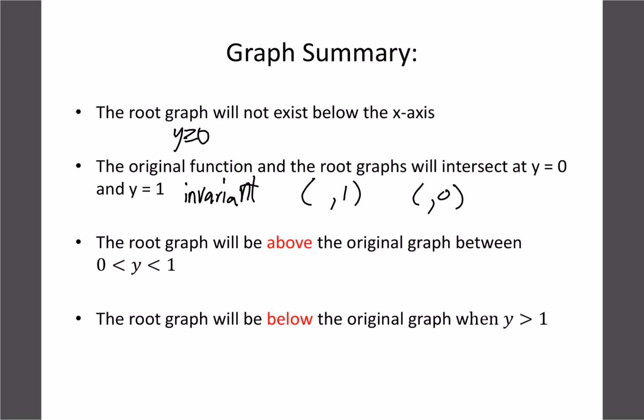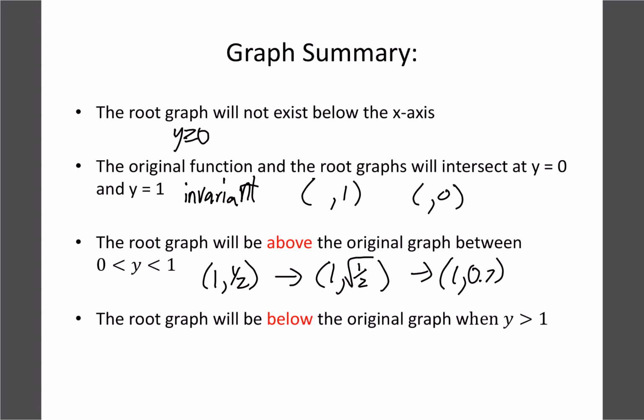And then what we see is anytime our y value is between 0 and 1, suppose we had something like 1 and a half. When we do the square root of a half, we actually get a number bigger than a half. So if we do that on our calculator, we get about 0.7.